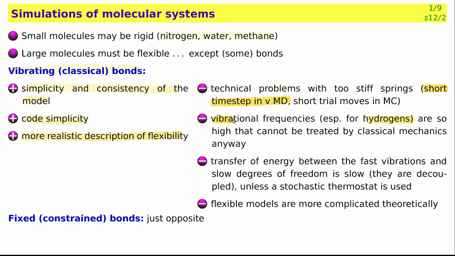Also, the vibrational frequencies we get, especially those connected to hydrogens, are very high. They are so high that such a molecule isn't excited even to the first excited state.